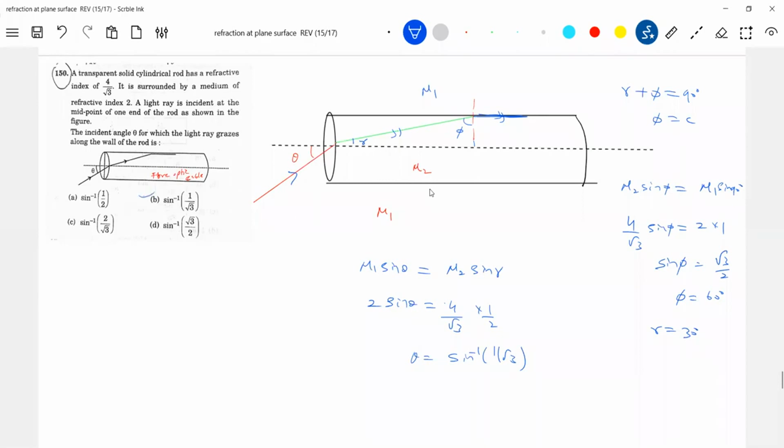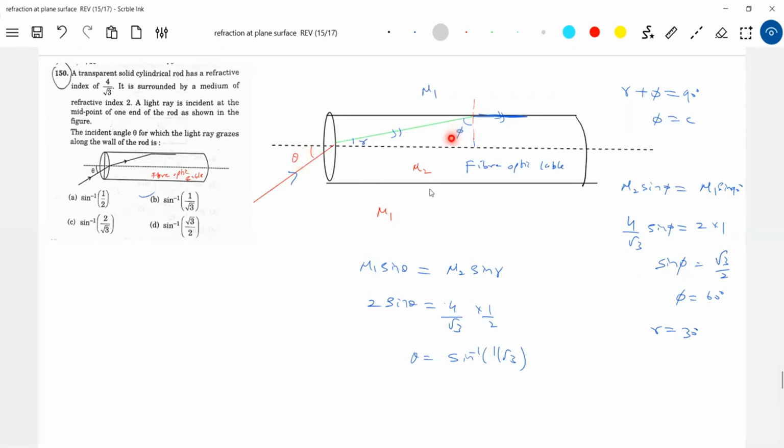This can be a fiber optic cable also. If I increase theta, what will happen to r? r will increase. If r increases, phi will decrease, and then the ray will escape. So if I make the angle of incidence less than theta, r will decrease and phi will increase, and this is the critical angle.